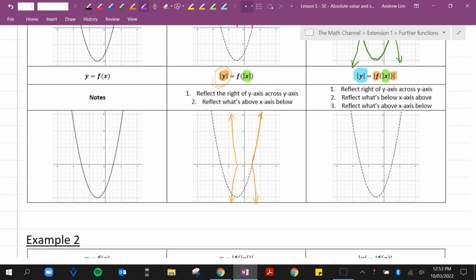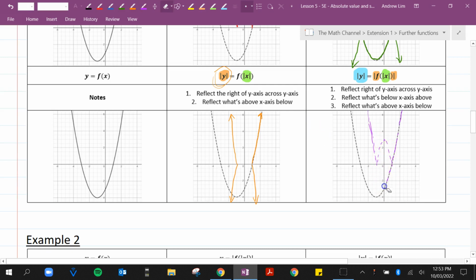So reflect across the y-axis. I'm going to have all of this reflected. Good enough. Reflect what's below, above, so all this is going to come up to here.